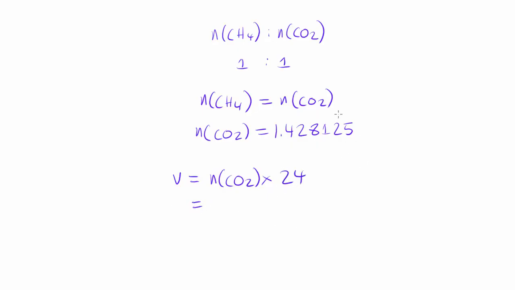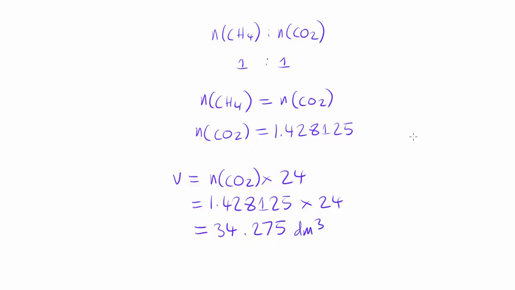Which is simply 1.428125 multiplied by 24. Okay, so if you work that out, that's going to actually give you the volume. If you do have a go at that, what you should find is you get 34.275, right? And that's going to be in decimeters cubed.